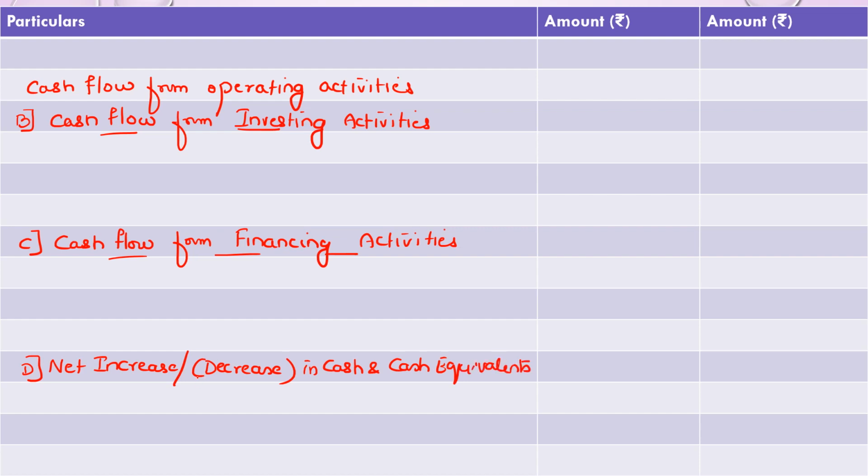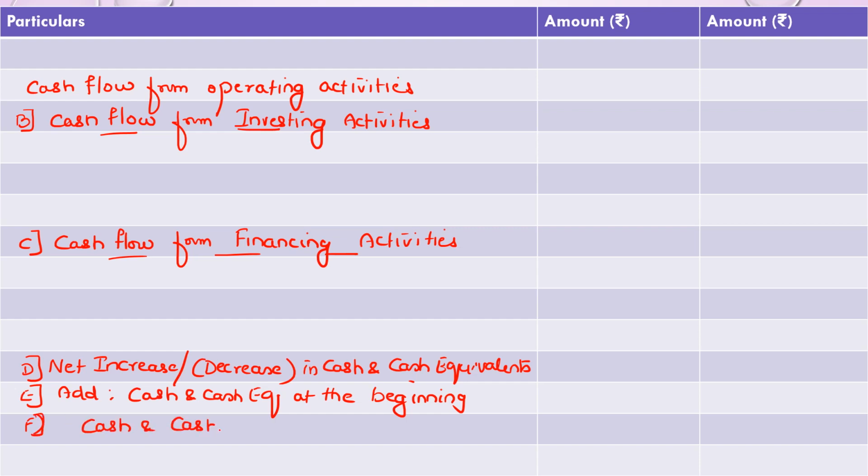Now, to this, we add the cash and cash equivalents at the beginning. And finally, F, we arrive at the cash and cash equivalents at the end. And that is the end of the cash flow statement format that we'll be preparing. So this way we have prepared the format.